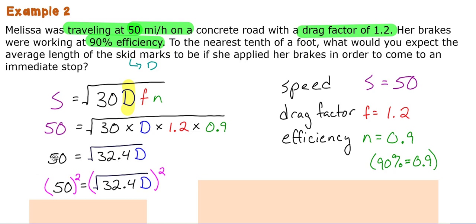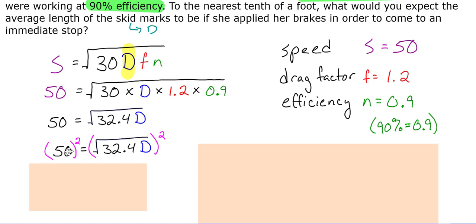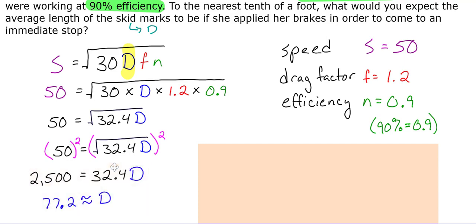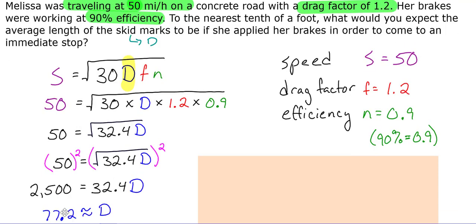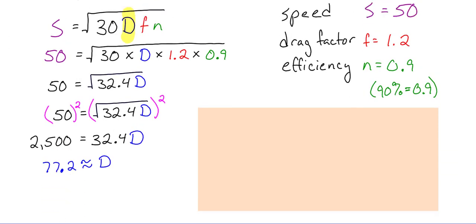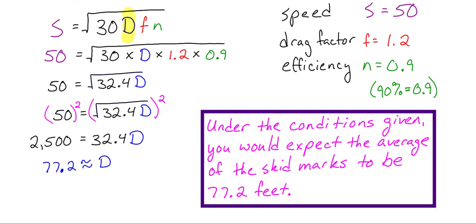Don't forget that to undo a square root, you square both sides when you solve problems like this. So when we square it, we end up with 2,500 equals 32.4D. So the answer is 77.2. So that tells us that the average length of skid marks using the given conditions would be 77.2 feet.